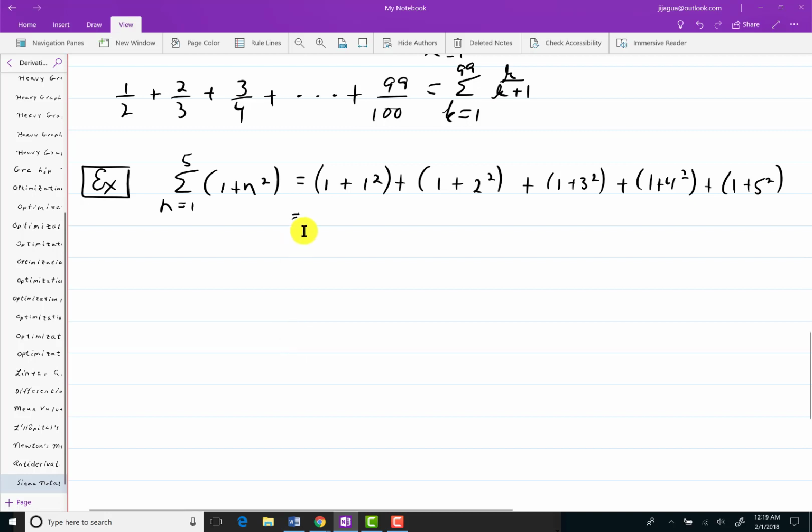This equals 2 plus 5 plus 10 plus, let's see, 4 squared 16 is 17, plus 17 plus then 26. And this adds up to 43, 53, 60.